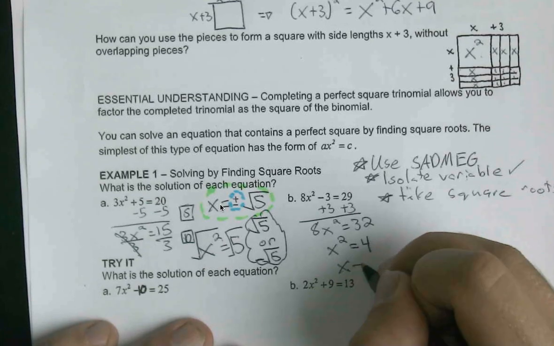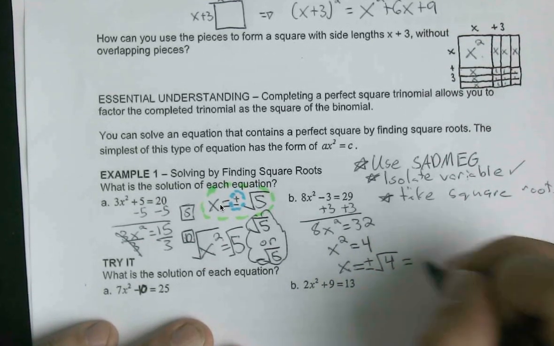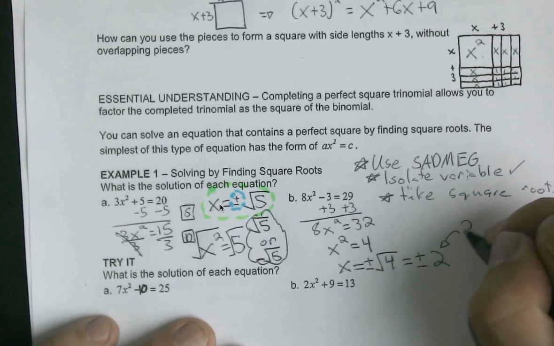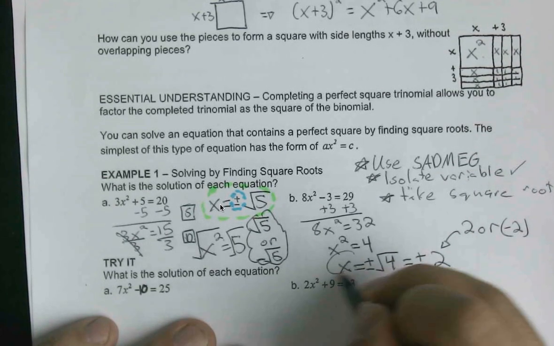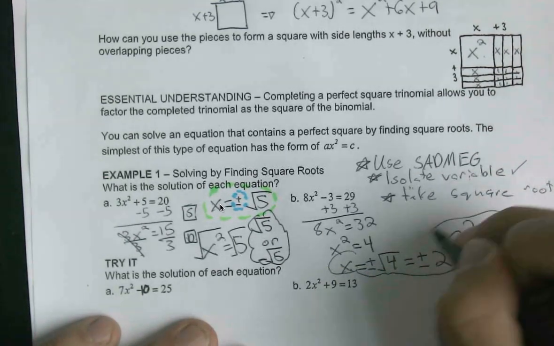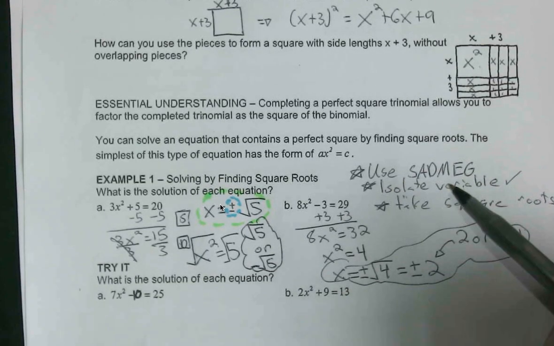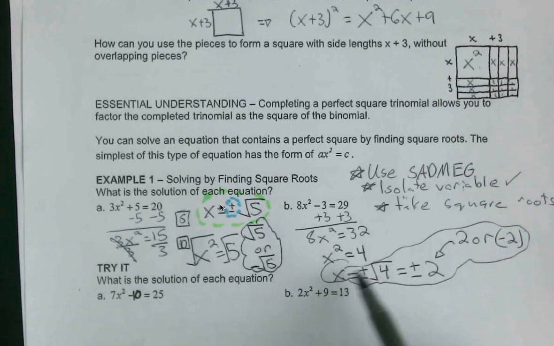So x is now equal to plus or minus the square root of 4, pretty much plus or minus 2. Notice I still followed my order of operations. I used subtraction or addition first, most likely, then dividing by 8, taking square roots at the end.